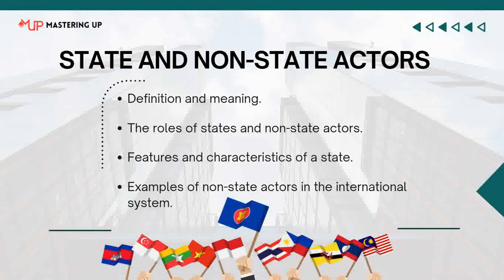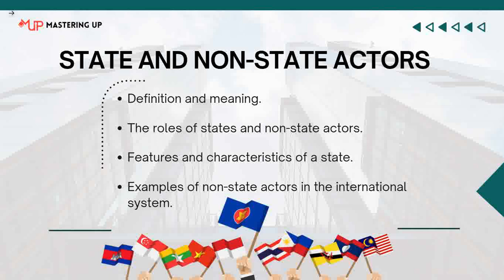So what are the key features and characteristics of a state? You know that for a state to be recognized as a state, such state must have sovereignty, territorial integrity, population, government, and must be recognized by other states.